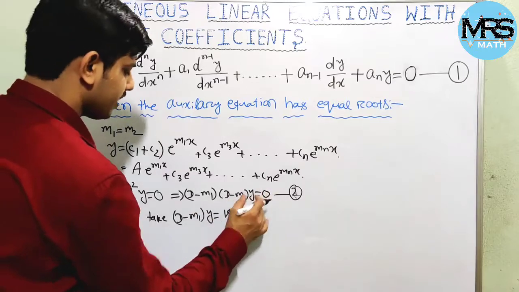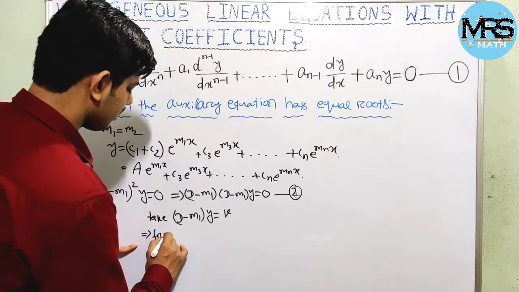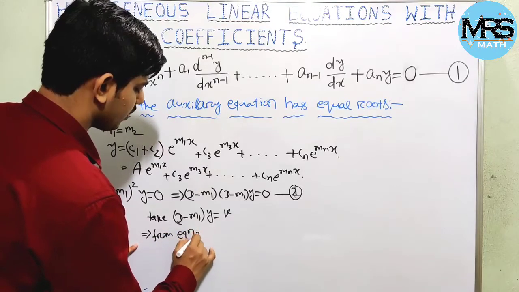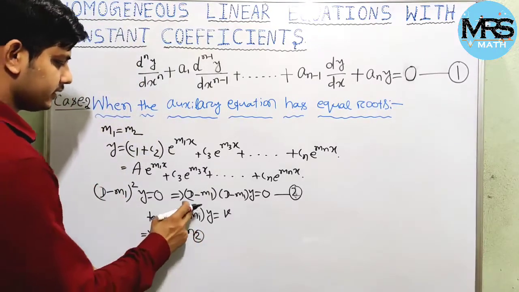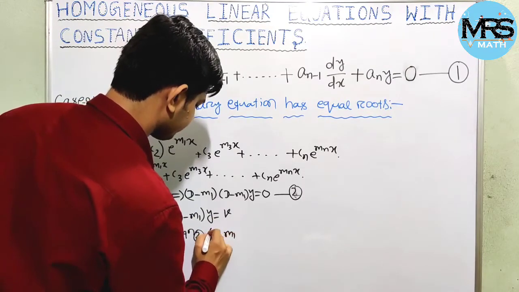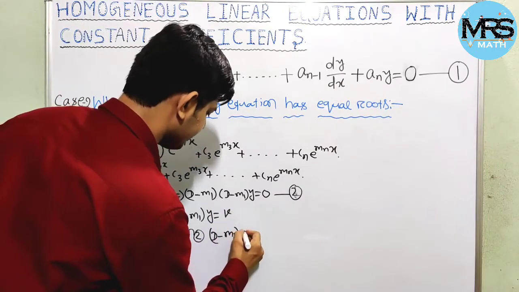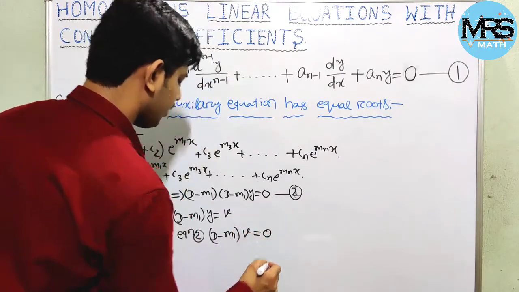Then from equation 2, in place of d minus m1 into y we can write v, so d minus m1 into v equal to 0.